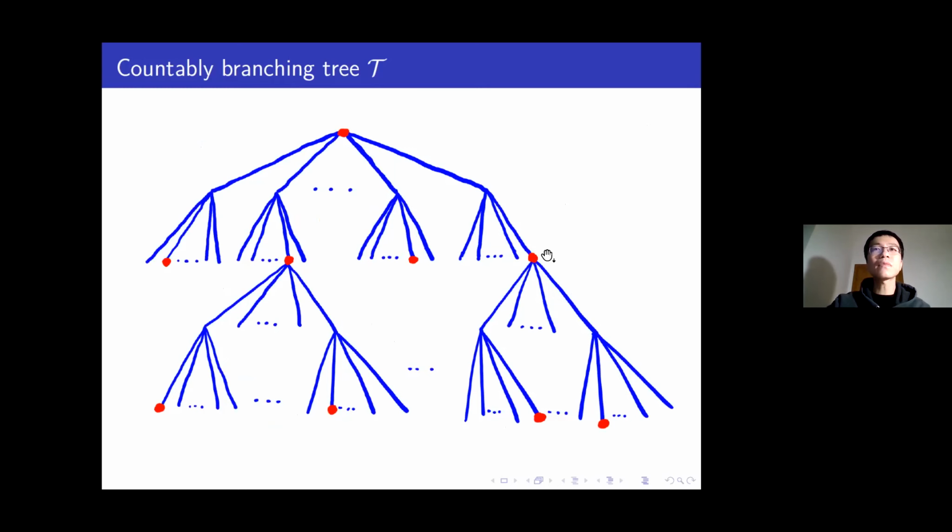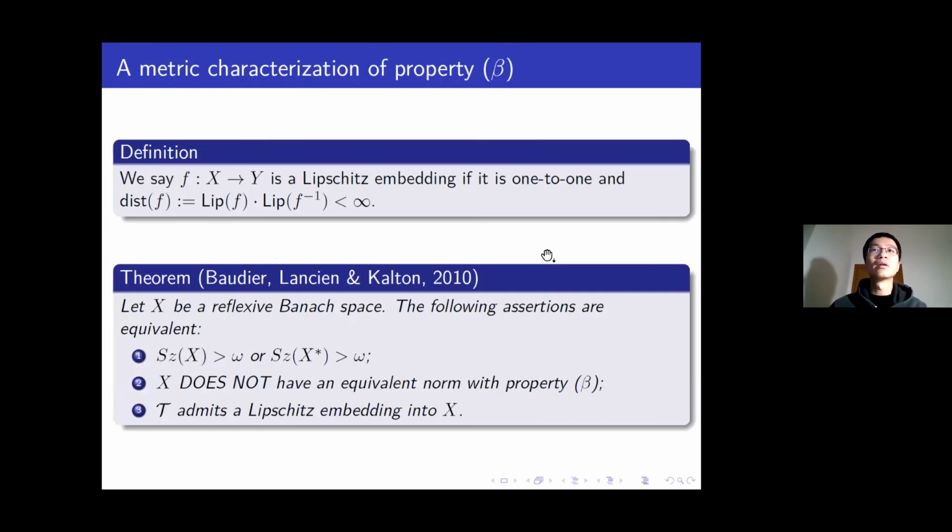Now, as I mentioned, property beta can be characterized in terms of Lipschitz embeddability of this tree. Let me just recall that a Lipschitz embedding is a one-to-one Lipschitz map whose inverse is also Lipschitz. This characterization is due to Baudier, Lancien, and Kalton in 2010. They proved that within the reflexive Banach spaces, property beta can be characterized using Lipschitz embeddability of the countably branching tree.